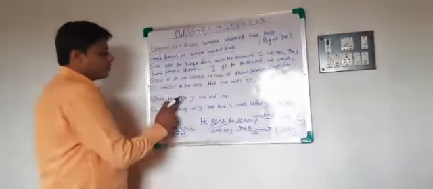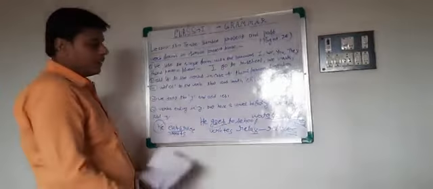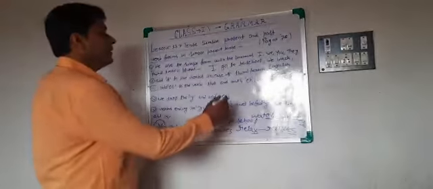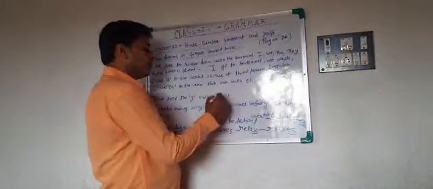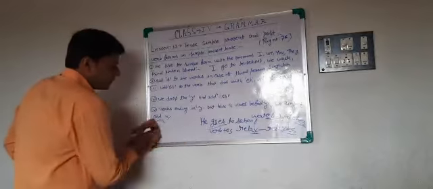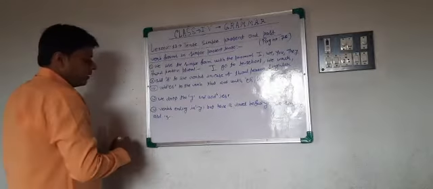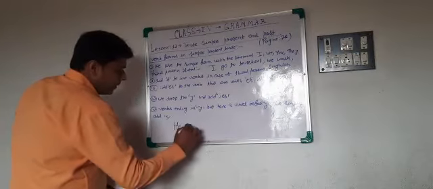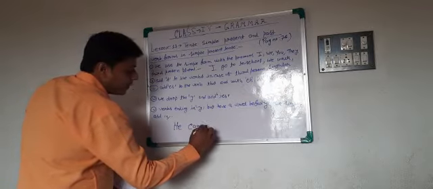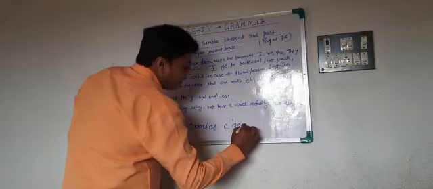Next rule, we drop the y and add ies when we make the simple present form, but it is also applied in case of third person singular or he, she, it. Like, for example, he carries, c-a-r-r-i-e-s, carries a heavy box.